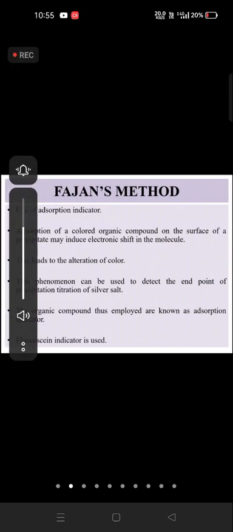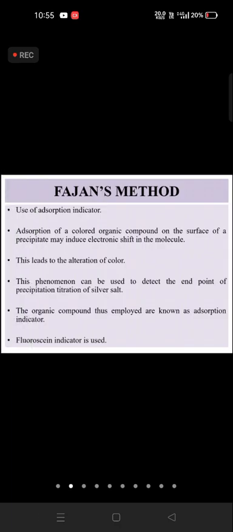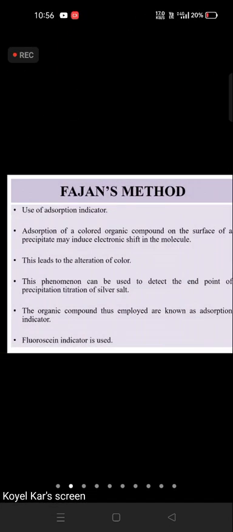That means you can titrate any silver salt by this Fajans method of titration. This method is also known as the adsorption indicator method. So the other name for Fajans method is adsorption indicator method. And what indicator is used in this Fajans method? Here we are using fluorescein indicator.